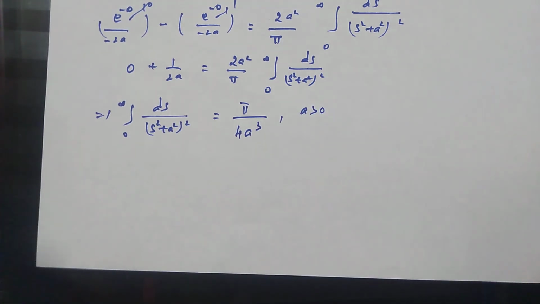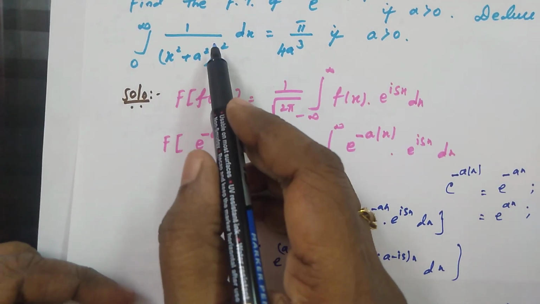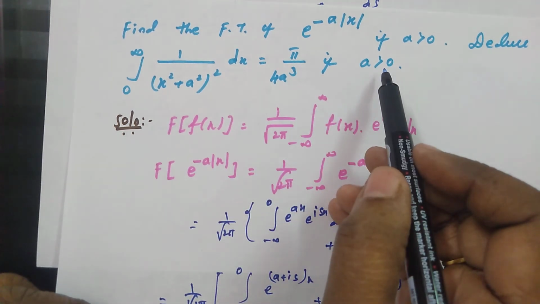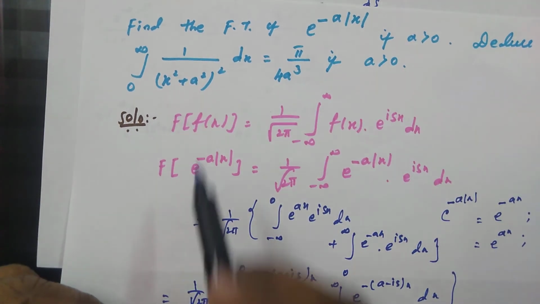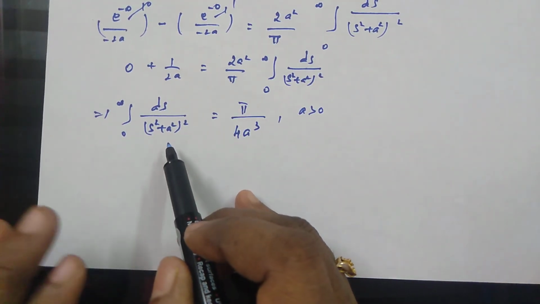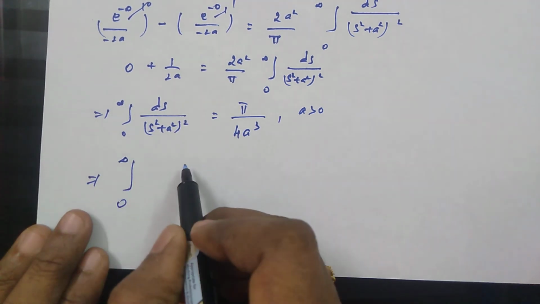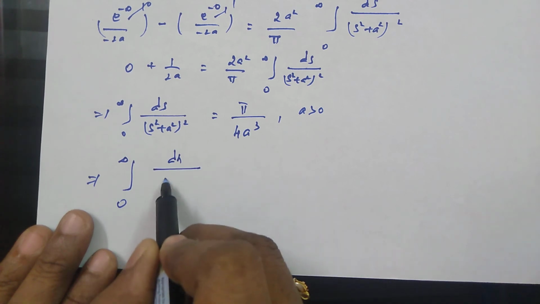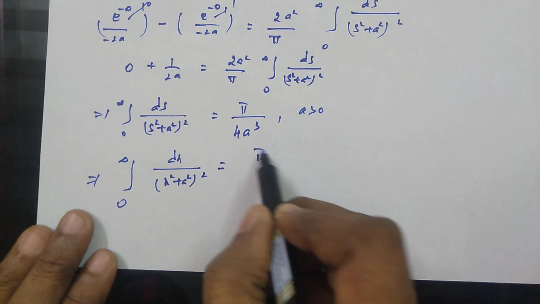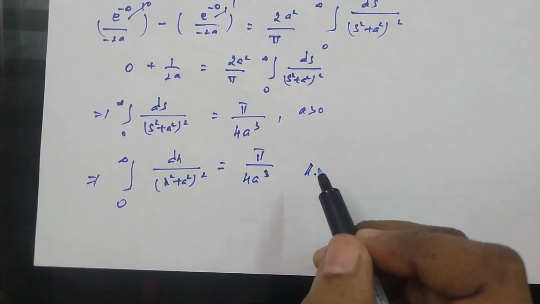In the question the second part is: hence deduce that integral 0 to infinity dx by x square plus a square the whole square is pi by 4a cube if a greater than 0. Here we have arrived at ds, but s is a dummy variable, so we can replace s by x. So which implies integral 0 to infinity dx divided by x square plus a square the whole square equal to pi by 4a cube. This is the answer for the second part of the problem.